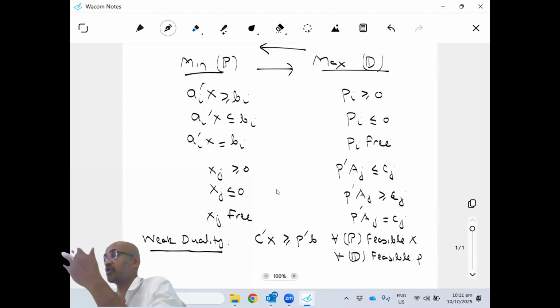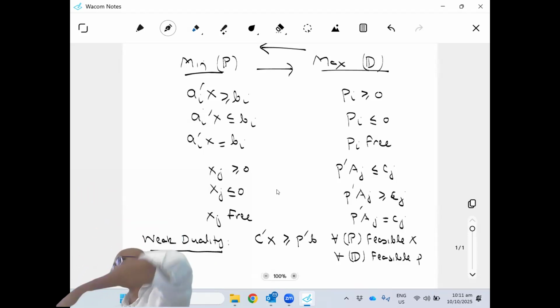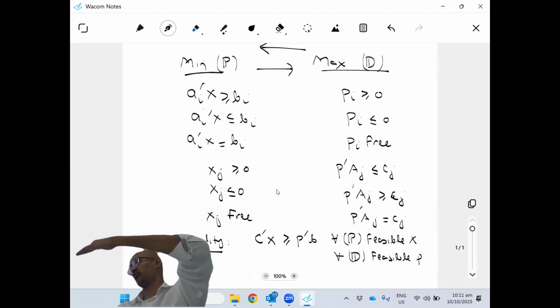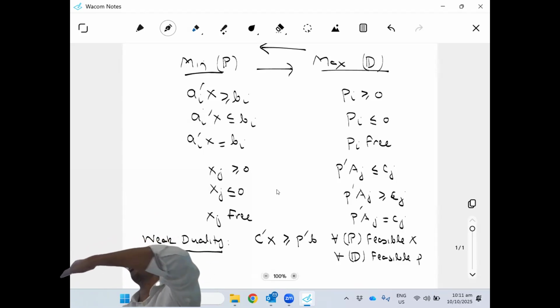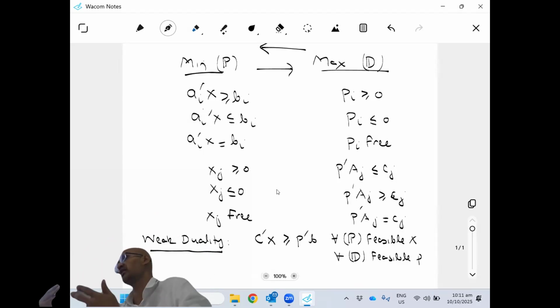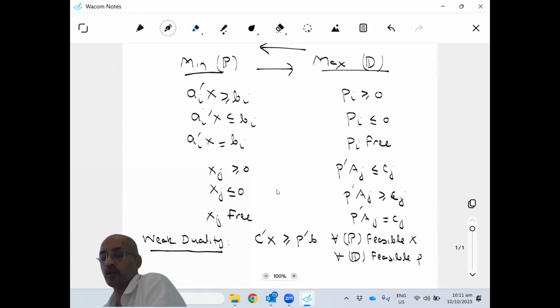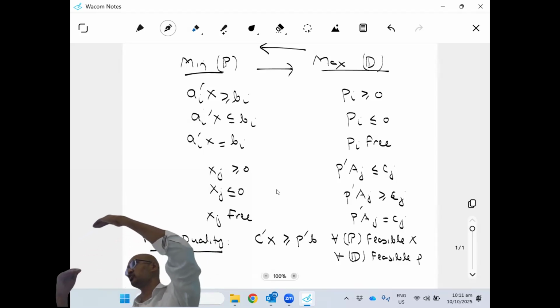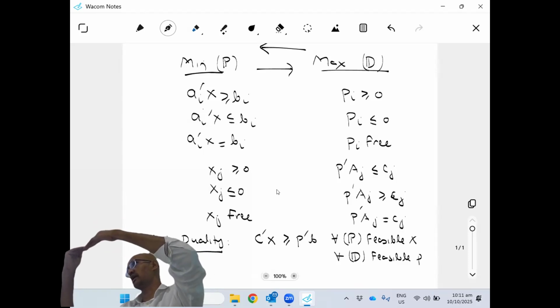For example, if the primal is unbounded, so the primal goes off to minus infinity, because the dual bound has to be below, the dual also has to be minus infinity. It's a maximization problem, which means that the dual problem has to be infeasible. So we saw this yesterday as an implication of duality. Another implication is if the two objective functions match, they have to be optimal.